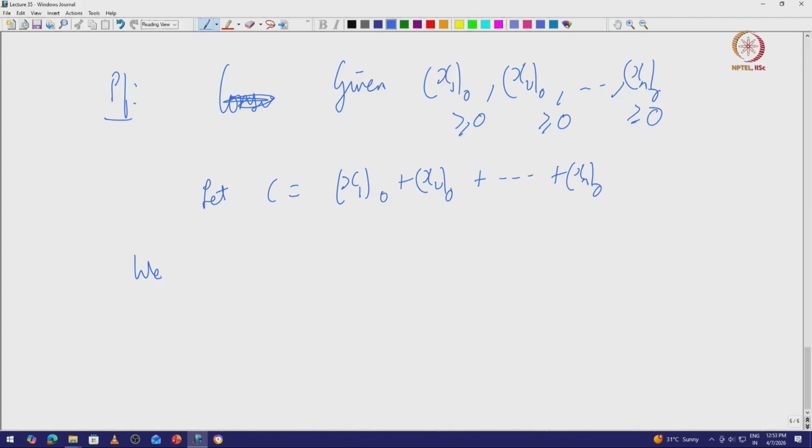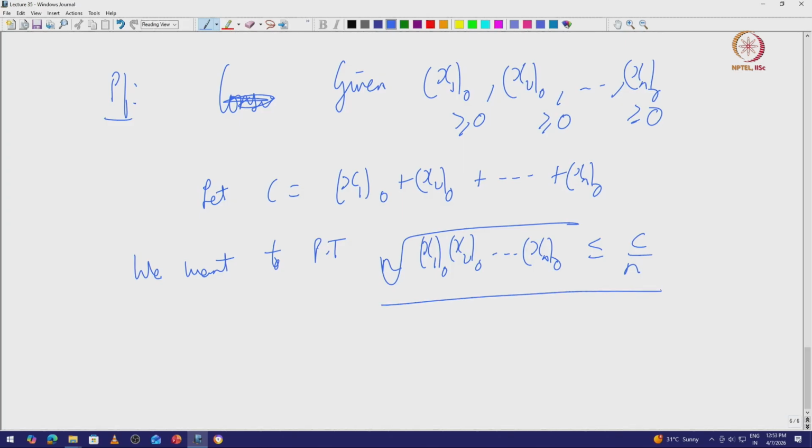We want to prove that the nth root of x1 naught, x2 naught, xn naught is less than C by n.